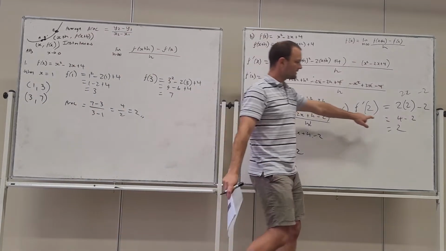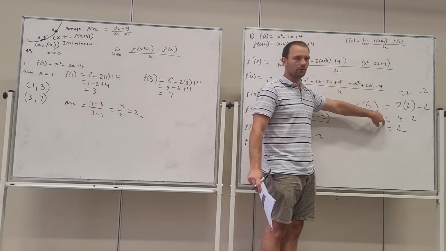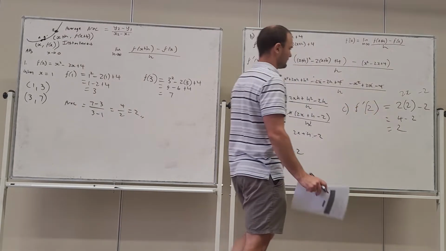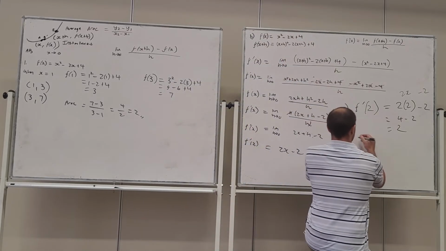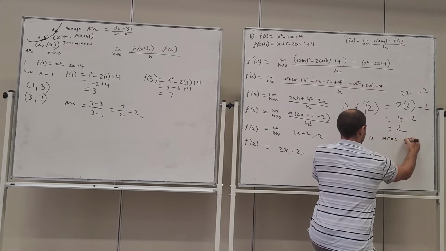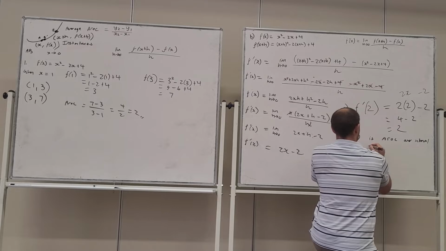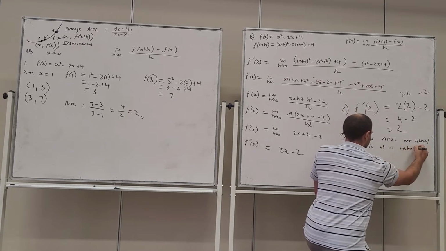This is the instantaneous rate of change, and it's occurring at 1 instant on the curve. Okay, so we can describe that in those kinds of words. That's part D. So A is average rate of change over an interval. C is at an instant.